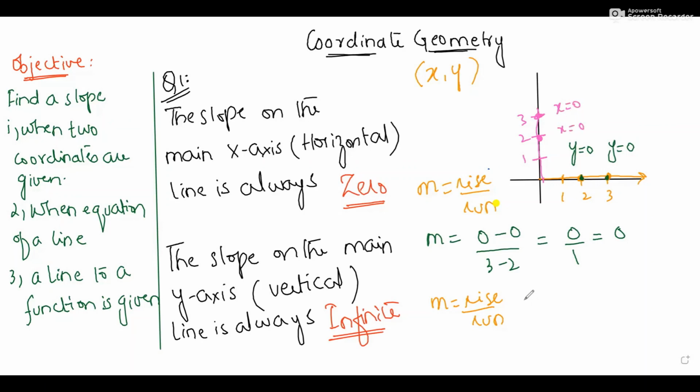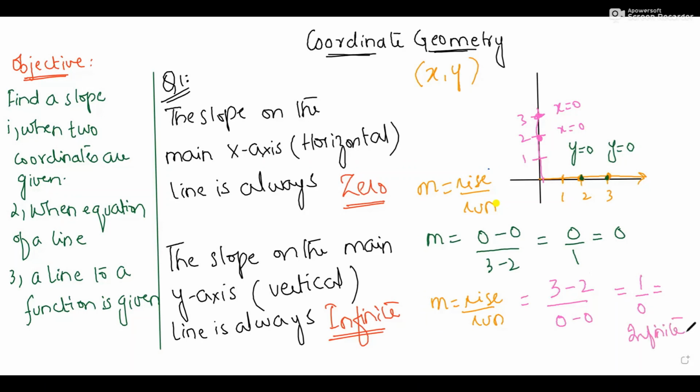If I substitute these values in the formula, rise is the values of y, so y2 minus y1 divided by x2 minus x1. 3 minus 2 is 1, upon 0. And you all know that 1 upon 0 is always infinite.